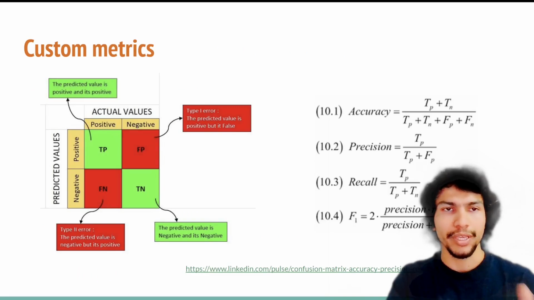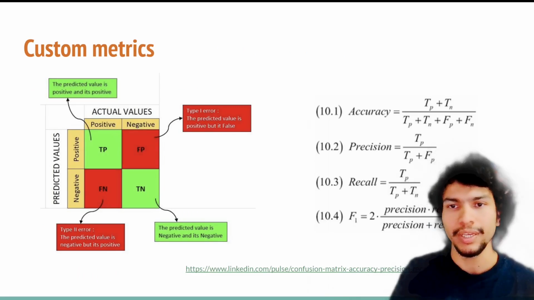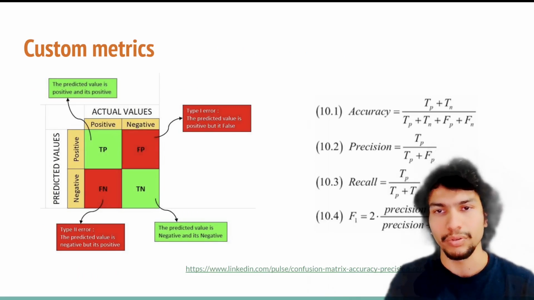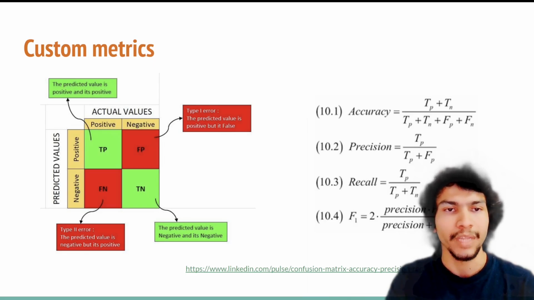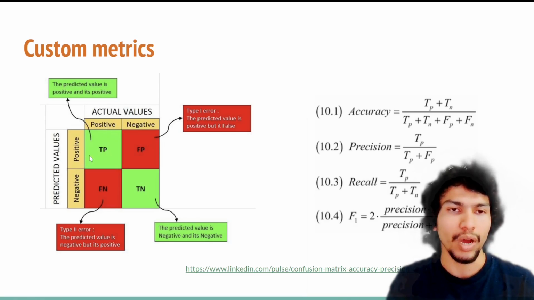And here in the custom metrics actually, we are going to calculate the accuracy, precision, recall, F1 score, and intersection over union. And this is the confusion matrix. That means if our actual value and the predicted value are the same, then we get either true positive or true negative.